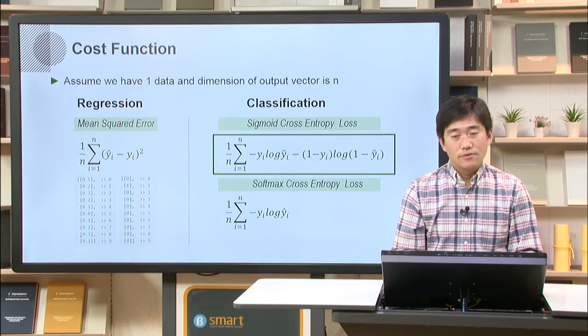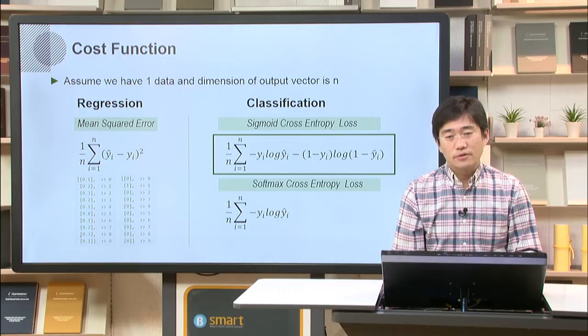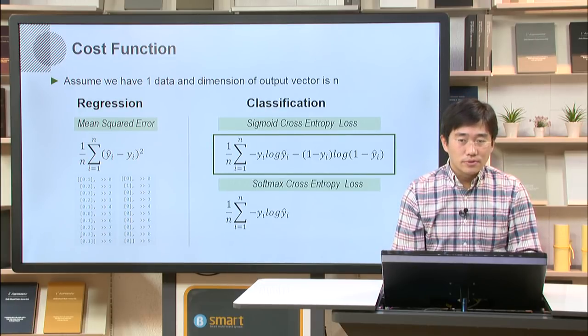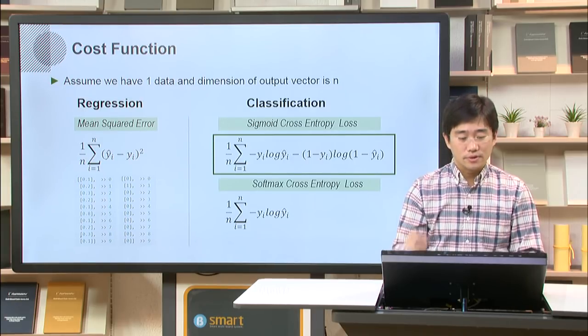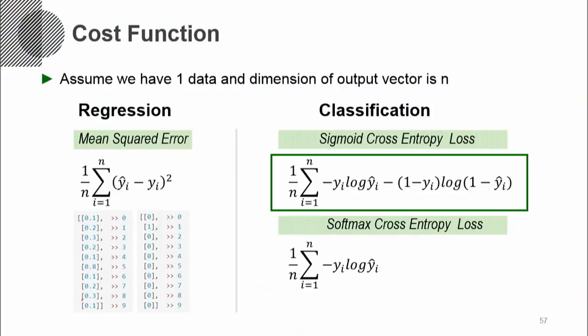In this manner, we can consider our objective function that we want to optimize so that the model output can become as close as possible to the desired output. So in the context of the regression problem, we can consider the model output and the desired output, and then consider their squared differences and then their summation. And this is what we want to minimize. And in the case of classification, we can consider other types of objective function.